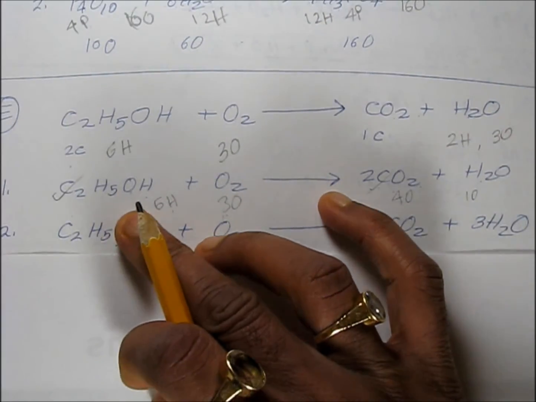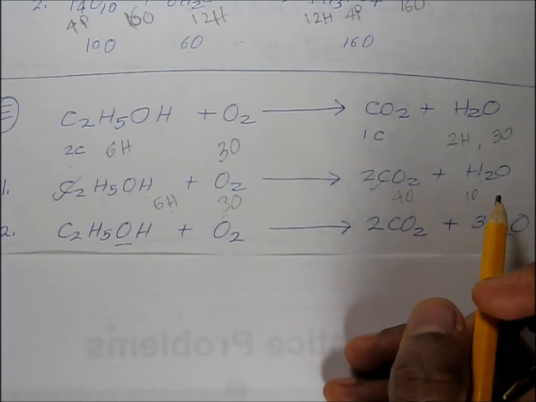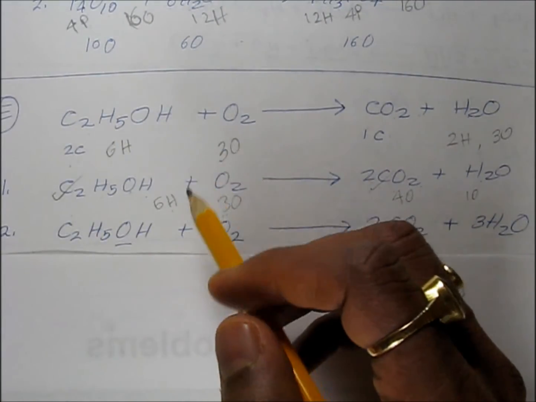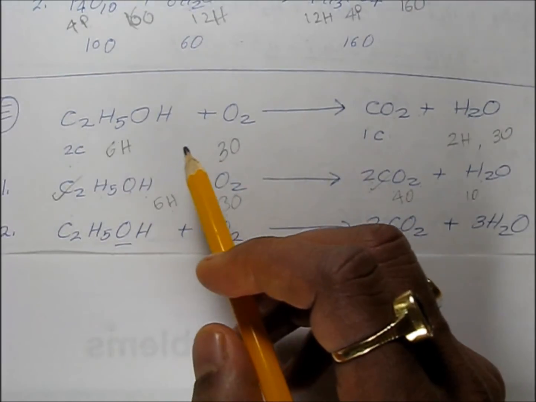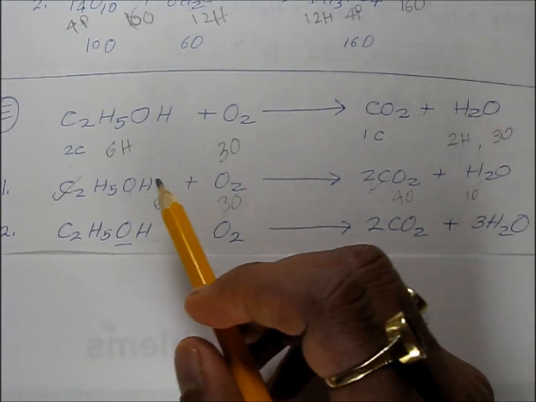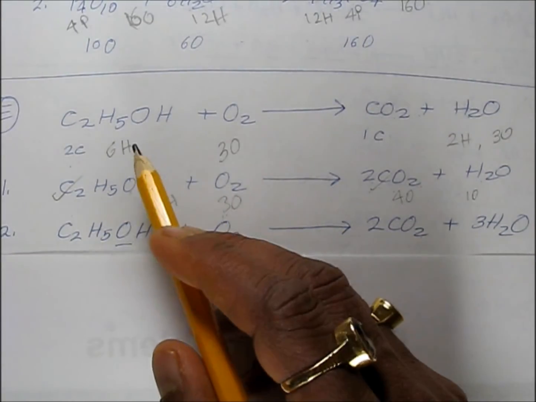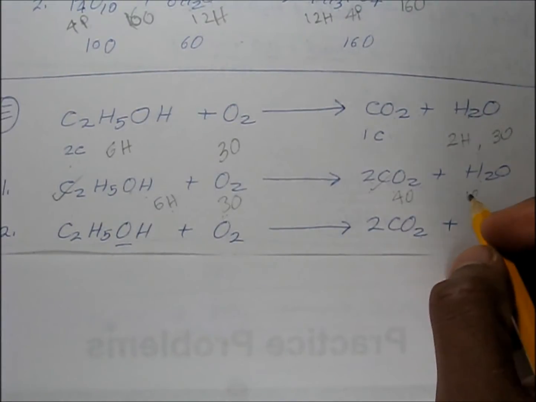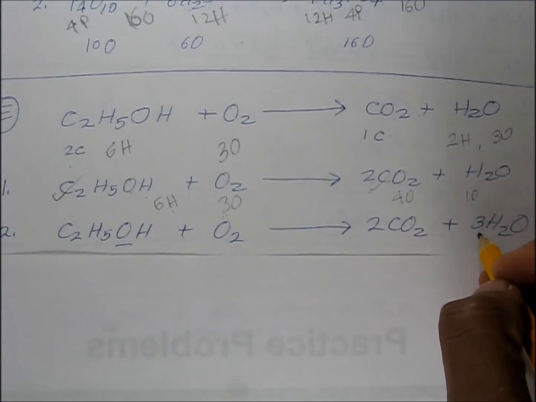So we have to add one more coefficient, basically first to balance the hydrogen. This is a general rule kind of, that you have to balance the minimum amount of carbon or other element first, and then hydrogen, and then oxygen at the end. So 6 hydrogens are here and 2 are here, so we added coefficient 3 here.